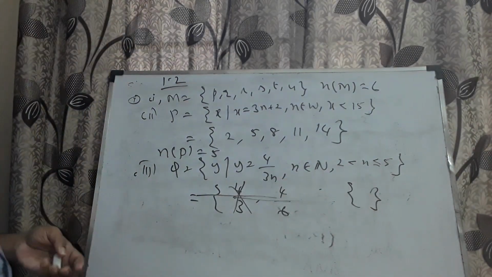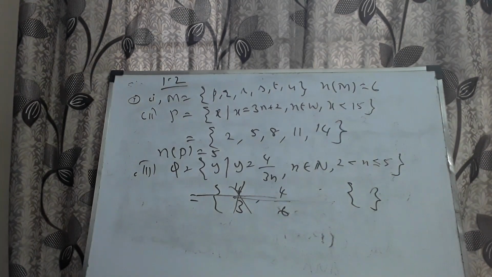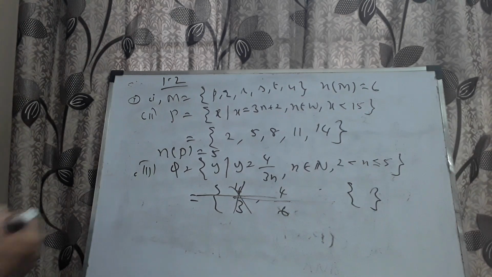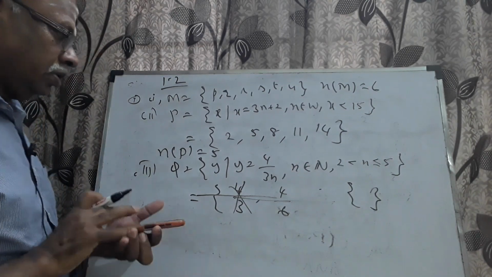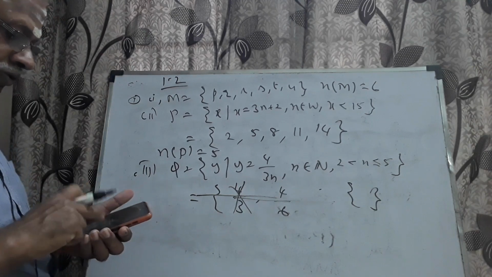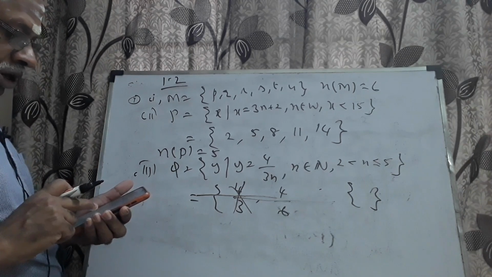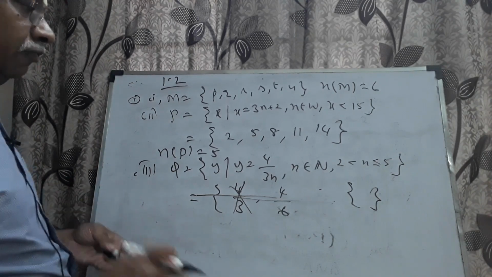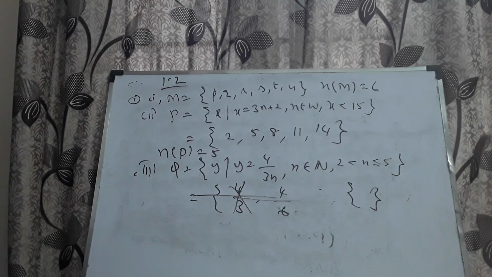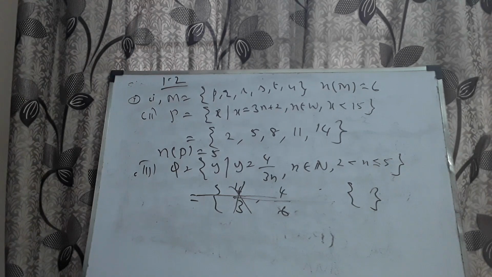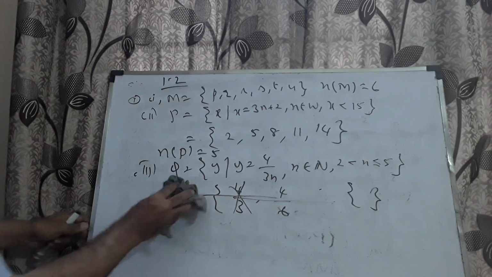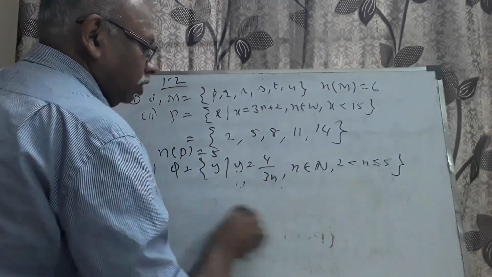One second, I'll just check the question once again. 2 less than n less than or equal to 5. Sorry, it is not an empty set. I'll explain once again. It is between 2 and 5, inclusive of 5.